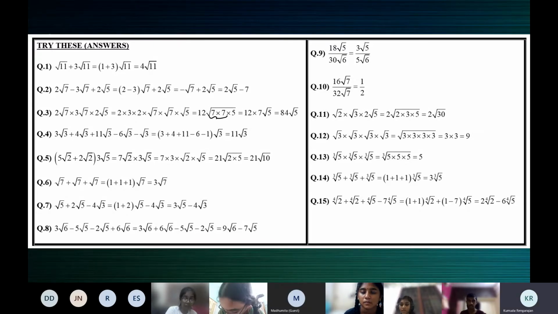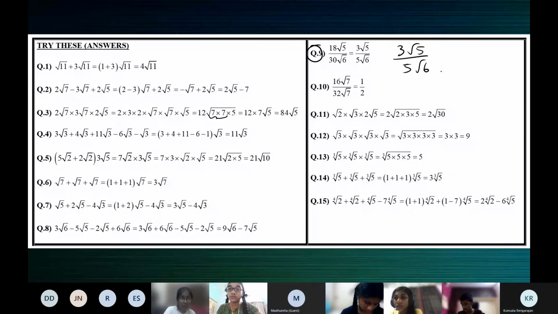Question number 9, ma'am. 3 root 5 by 5 root 6. Yeah, what can be done further? Tell me. Ma'am, can we subtract both the roots, like 5 minus 6, and write root minus 1?